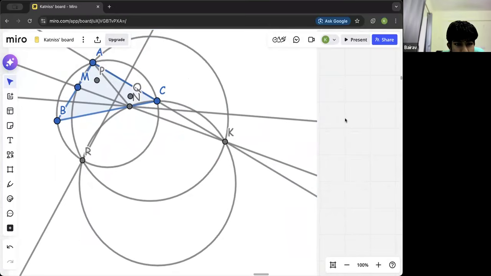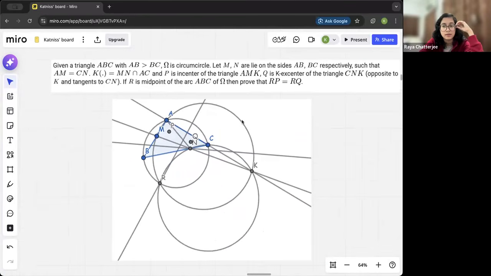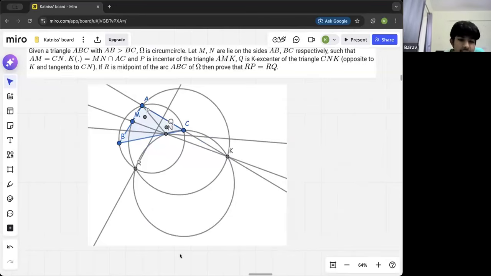How do we know R is on CK? R is the midpoint of BC. Yeah, so why is R on NCK?